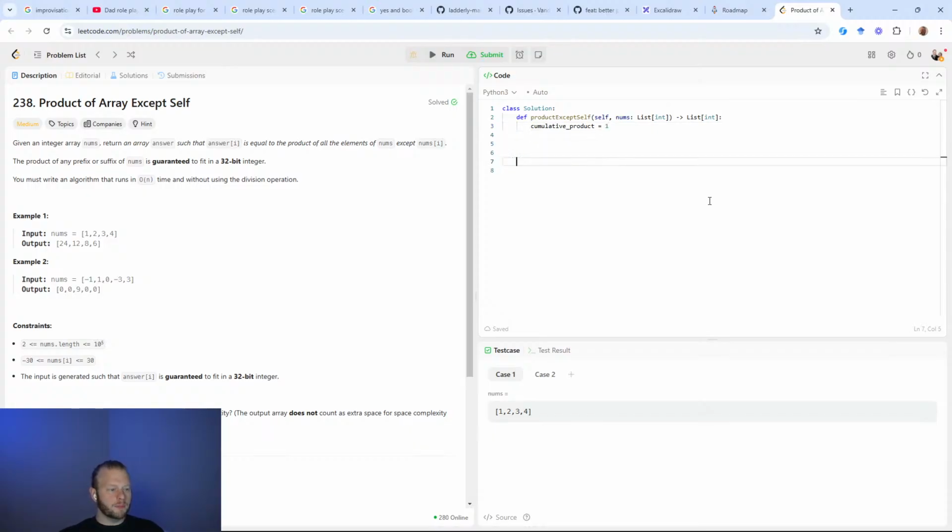And then for num in nums, cumulative product times equals num. And now for i in range length nums, we'll replace it in place, and that way we get to have the lower space complexity. So this would be O of n time complexity in constant space, and then we'll return nums.